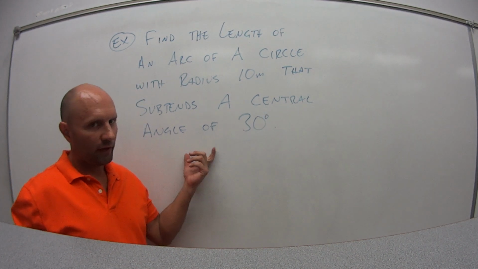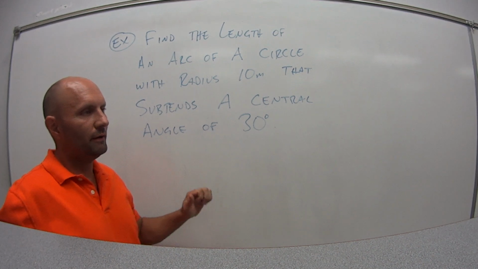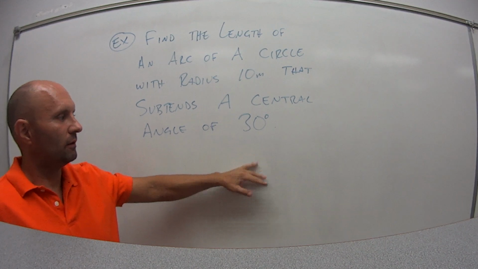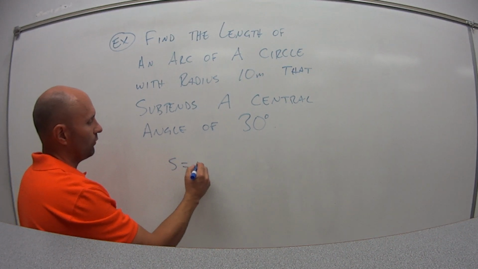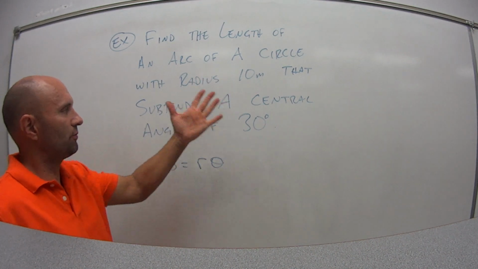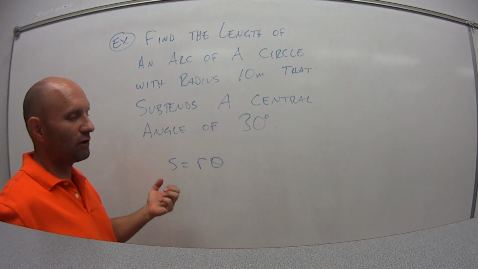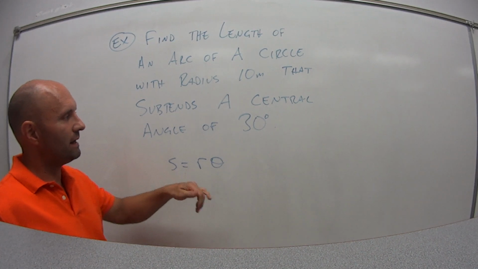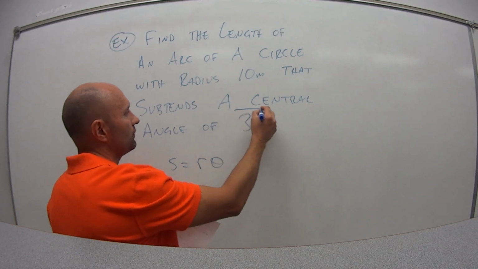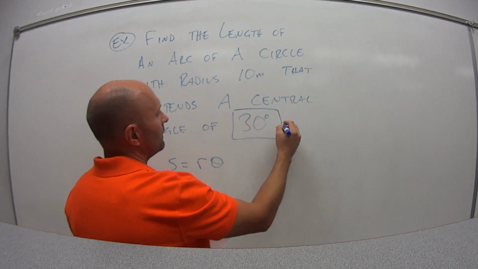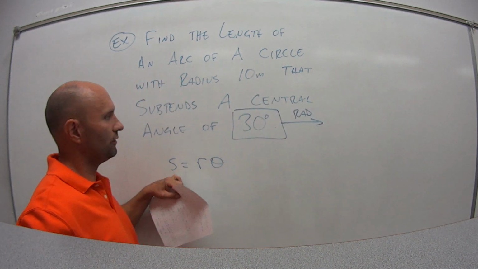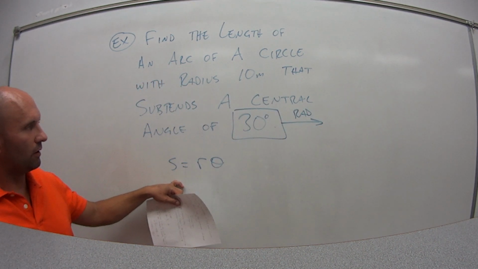This is how the problem will typically be worded, and this is where you have to look out, because the formula was fairly simple. It was s equals r times theta, right? So you think, oh, 10 times 30, 300, I'm done. But it's not, because we have to have this answer in radians. And if we're going to have this in radians, we need to first convert this 30 degrees into radians. Then we can figure out, using this formula, the length of that arc.